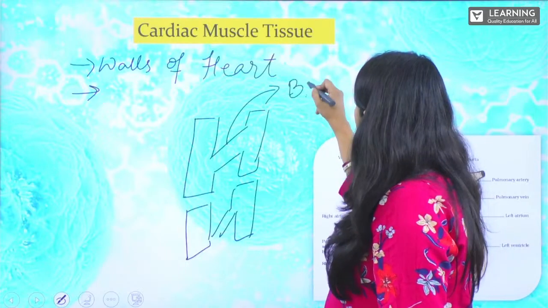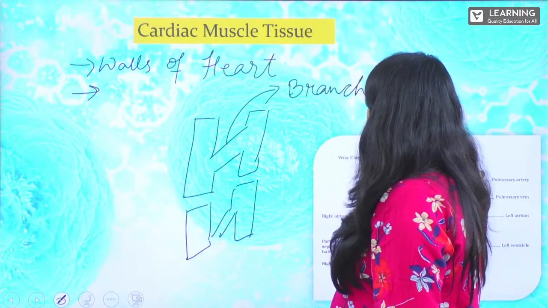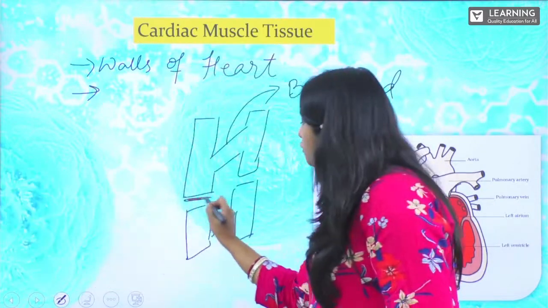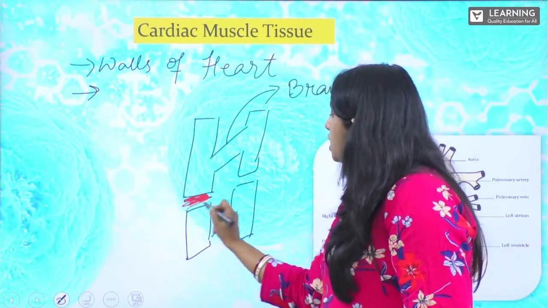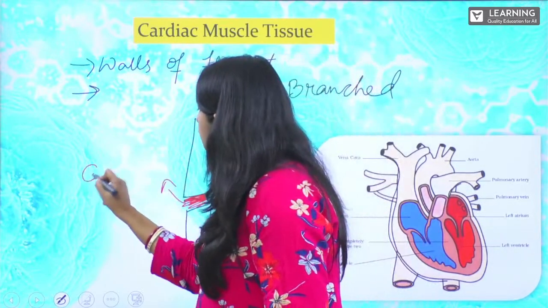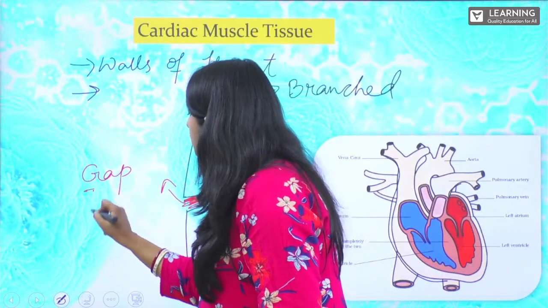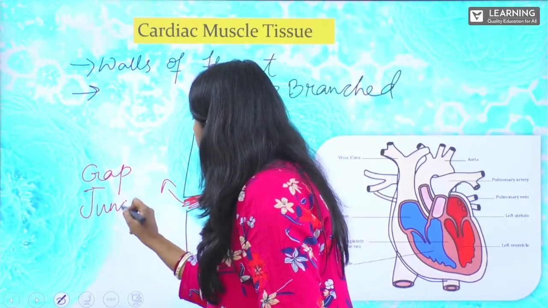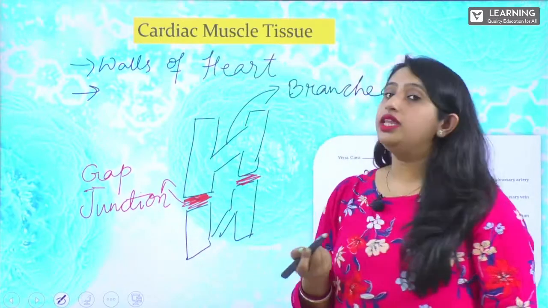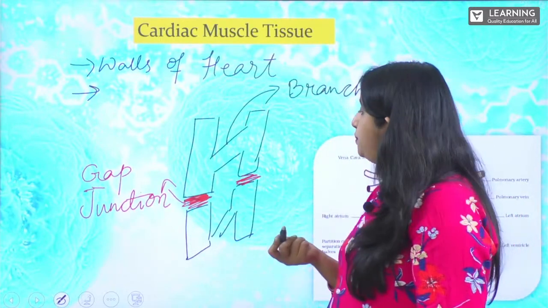They are branched and they are connected together with the help of gap junctions, okay? They are connected with the help of which junction? The gap junction. Clear?